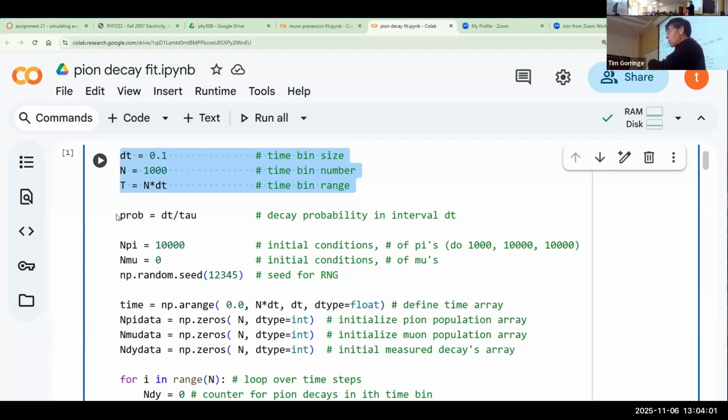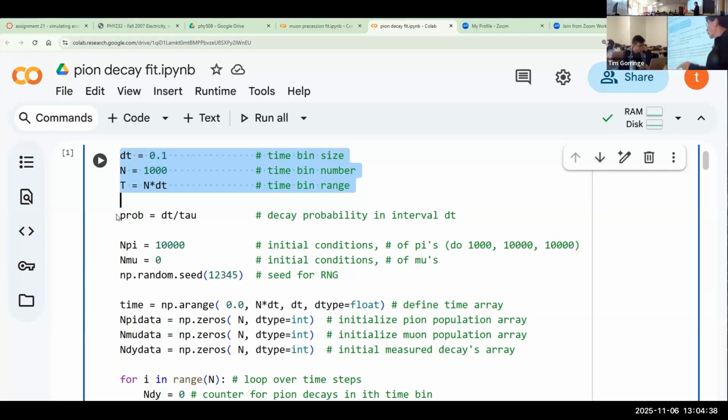What determined the probability of a pion decay in a particular time interval, the bin width, was the ratio of the bin width to the lifetime of the pion. So that's this probability here. Bin width is 0.1 nanoseconds, and pion lifetime is 26 nanoseconds. So this small number is the probability for any particular pion decaying in each time bit. And I'm going to use that.